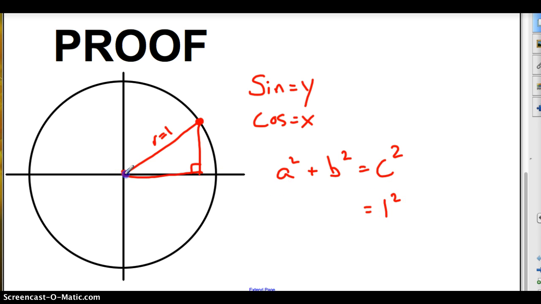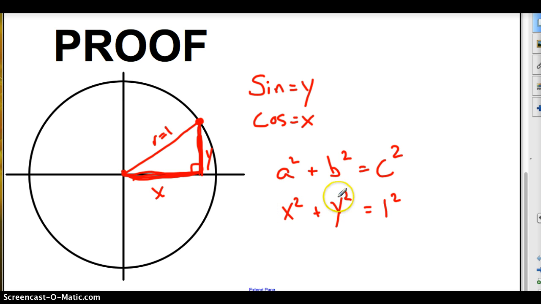I also know this. Whatever is right here, the length of this side, is my x value. So instead of a, I could just put x squared. And whatever my height is going to be is my y value. So I could just say y squared. Now follow me here for a second because it's about to get crazy up in here.